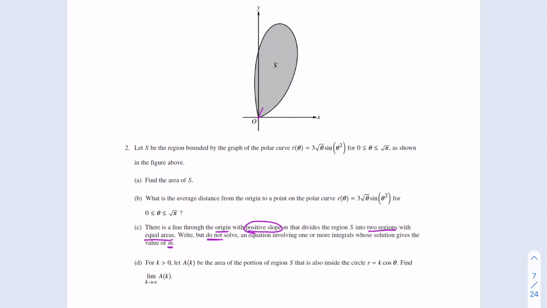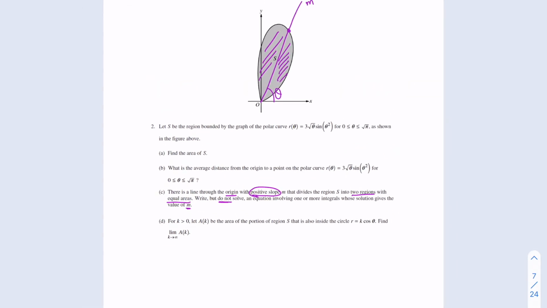There's a line going through the origin with slope m, and the 2 areas will be equal to each other. So we are going to use the equal area to set up the equation. However, we have to find at which angle theta you split the whole area into 2 half pieces. This is a very good point.